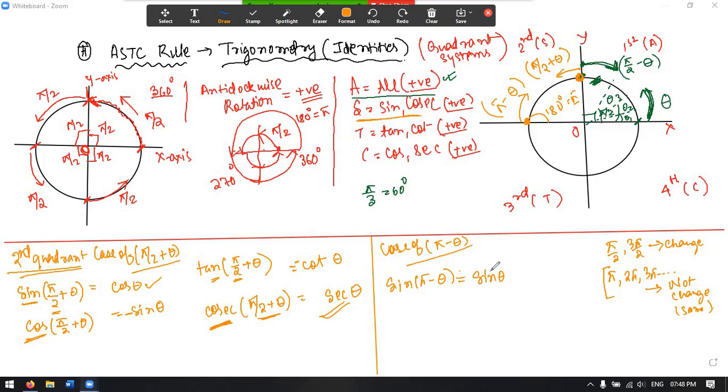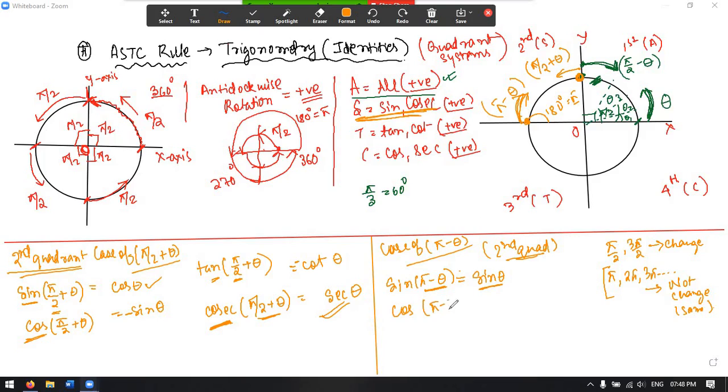Sine of pi minus theta is in the second quadrant. In the second quadrant both sine and cosec are positive, so this will be sine theta as usual.